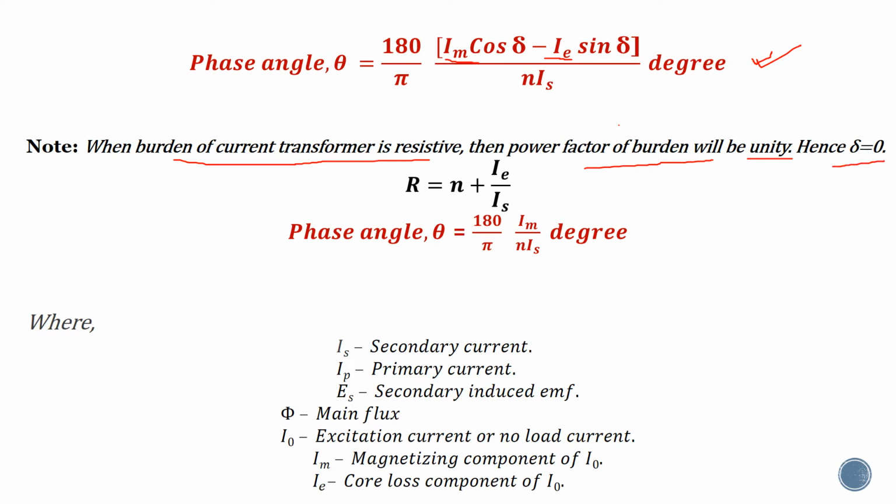By substituting the value of delta equals 0 in the actual ratio formula and the phase angle formula, these two are simplified in the following way. Please remember all the formulas and practice them thoroughly so that you can solve the numericals related to current transformer.